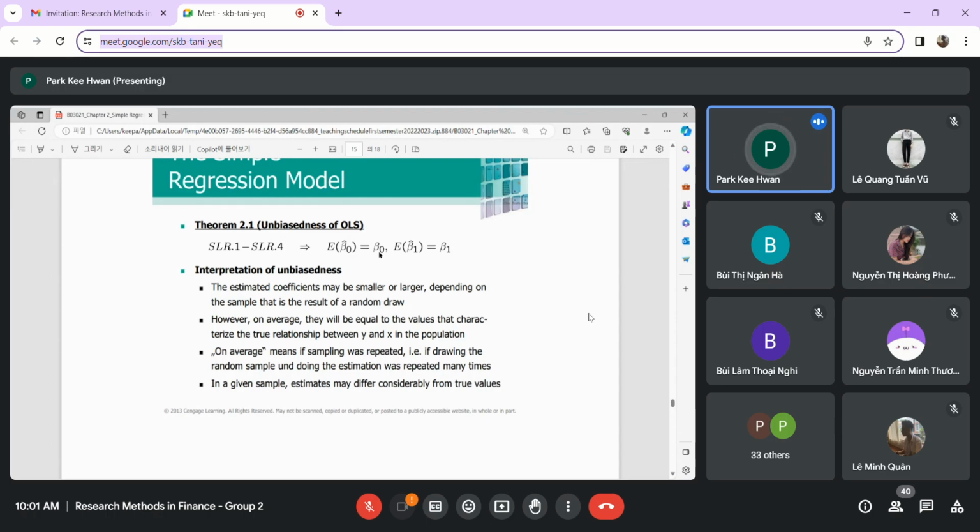If that holds, we say the OLS estimator is unbiased. This is a very important property of the OLS estimator, and that's why the OLS estimator is so powerful.